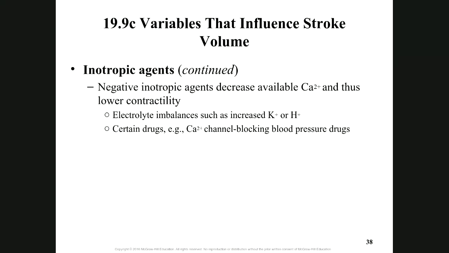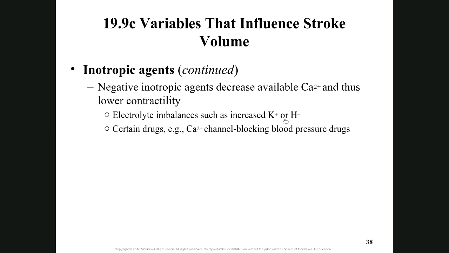And negative inotropic agents can decrease the availability of calcium, and thus they can decrease the power of contraction and the stroke volume. Some electrolyte imbalances can do this, like when potassium ion or hydrogen ion increase in our body and in interstitial fluid.